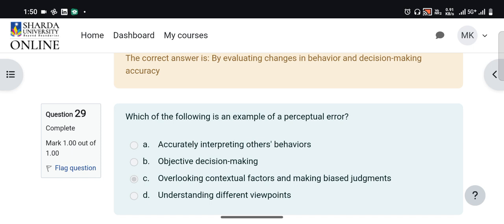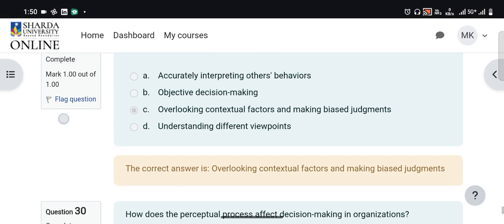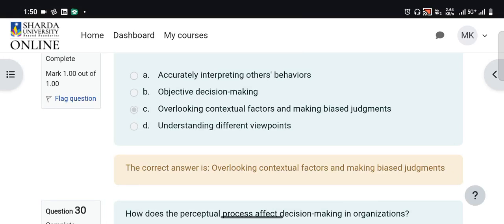Option C, overlooking contextual factors and making biased judgments. Option D, understanding different viewpoints. The correct answer is overlooking contextual factors and making biased judgments.